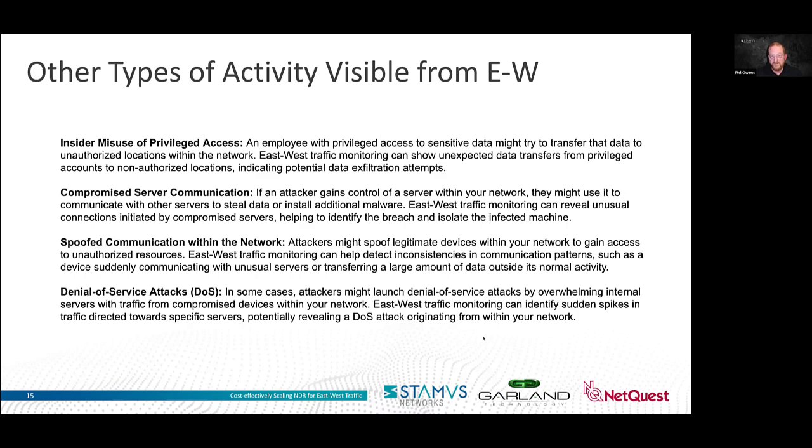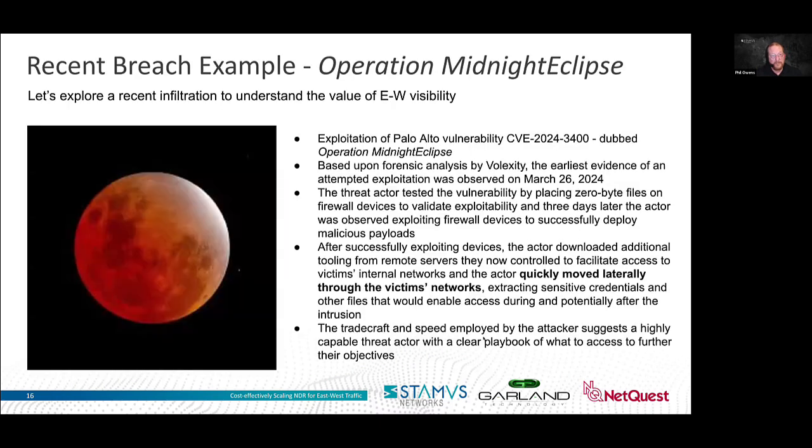ransomware, for instance. A recent breach example. Operation Midnight Eclipse, right? That's what it was dubbed, and it was a Palo Alto vulnerability. Again, this goes back to network infrastructure being targeted, and this is relatively new back in March. So the infrastructure in play here was a Palo Alto device, and the threat actor actually went around and tried to place 0-byte files on firewalls to find out if they were able to exploit them.